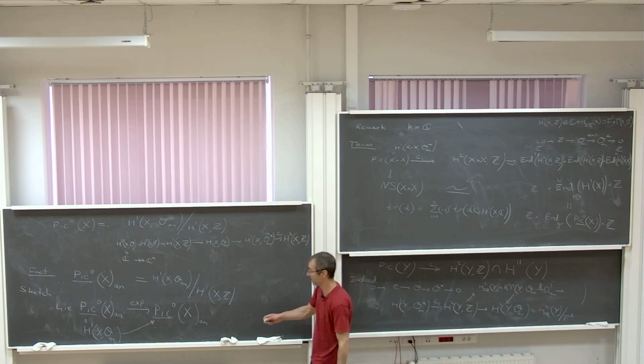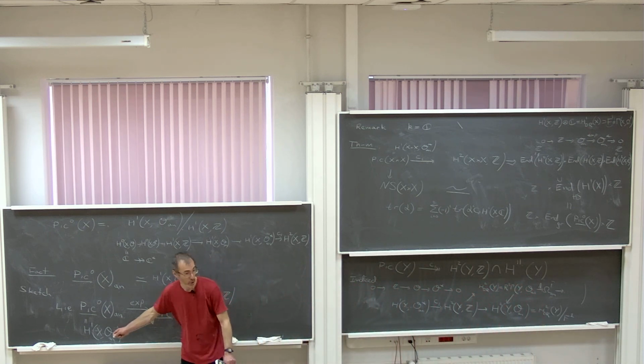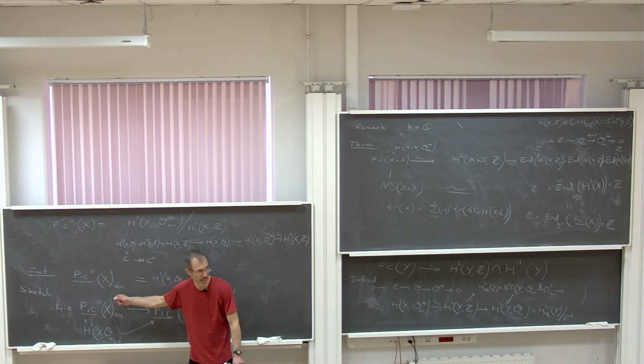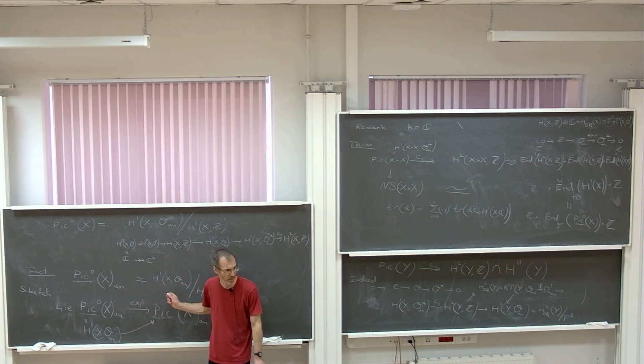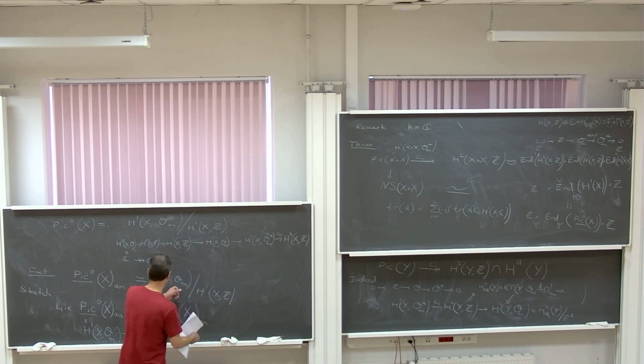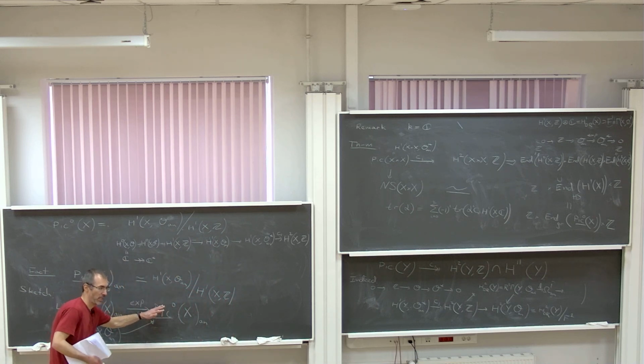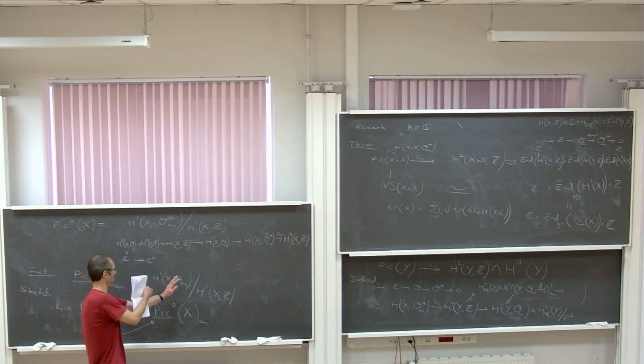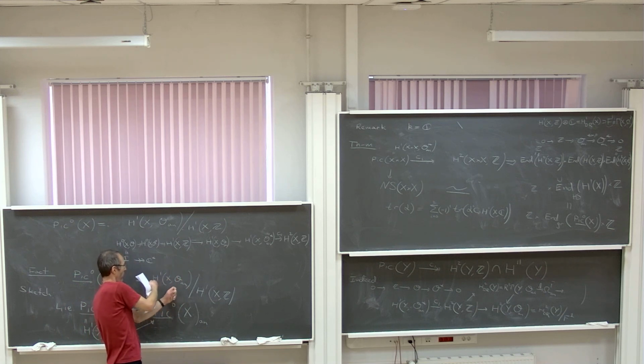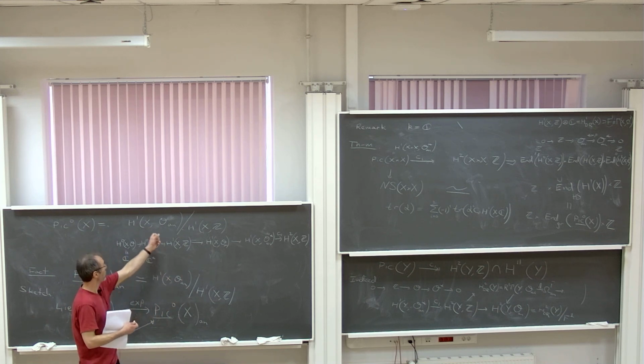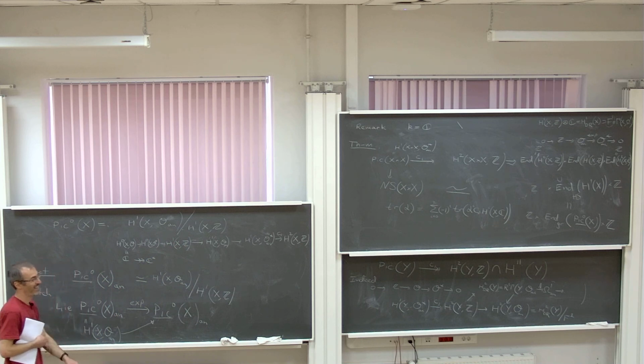So that identifies this with a quotient by this lattice. And on the other hand, we have this identification, so it remains to check that this exponential map is the same as the map from here to here that we constructed using this exponential sequence, right? Once we have this, well, we are done.